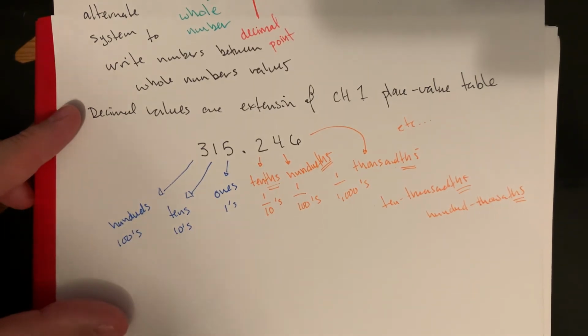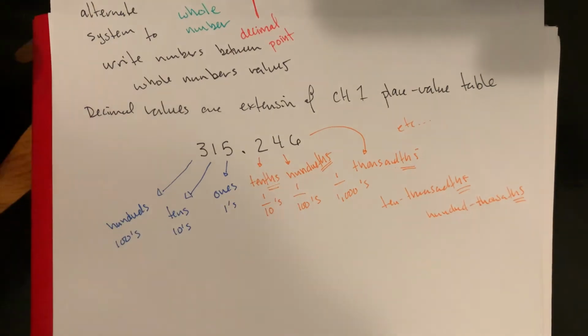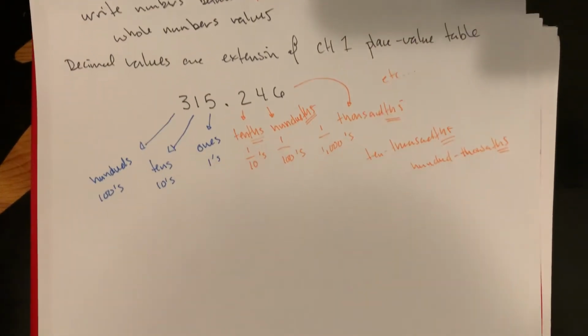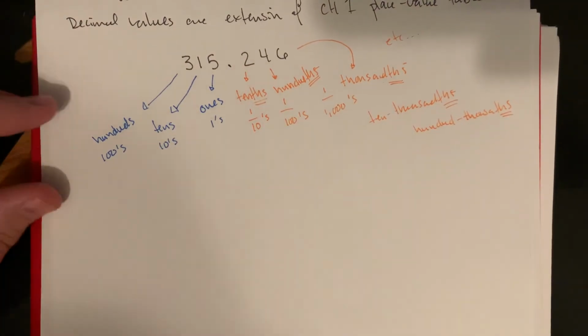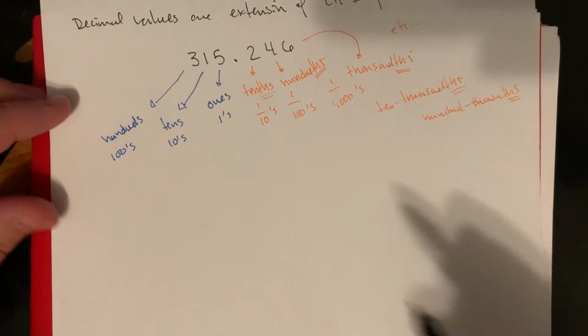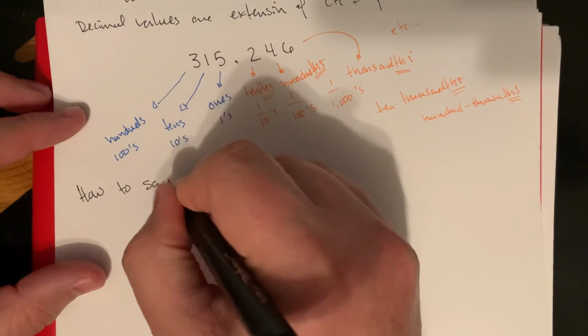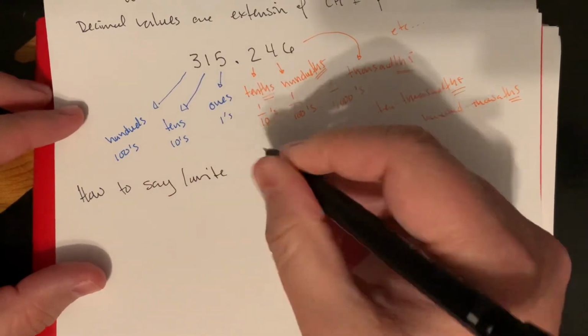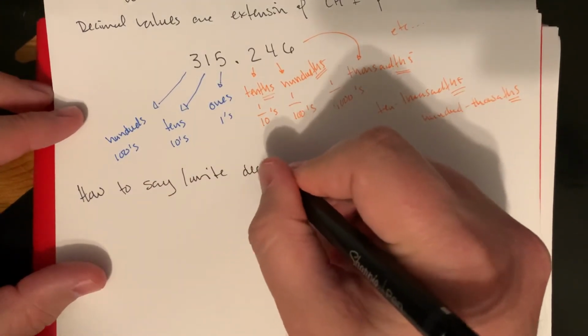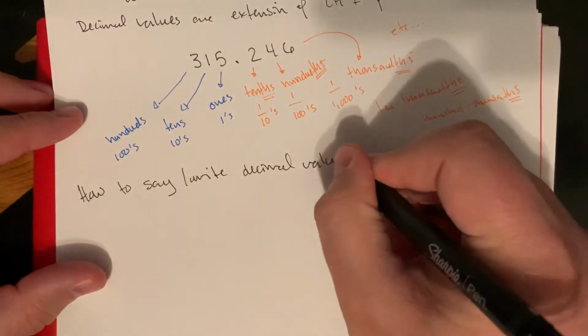So what these place values tell us, just in the same way that the place values gave us the names of the whole numbers, the place values also tell us how to say or write a decimal value.